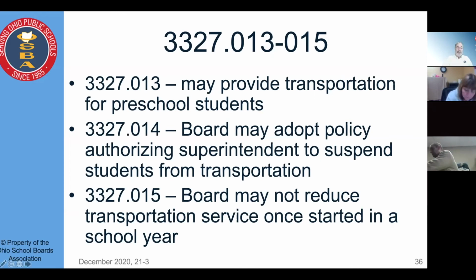So 013 specifically gives you the authority to transport preschool students, not just the atypicals, but also the typicals. 014 gives school boards the authority to suspend students from transportation. And what it says is it authorizes the superintendent or his or her designee to suspend students from transportation.